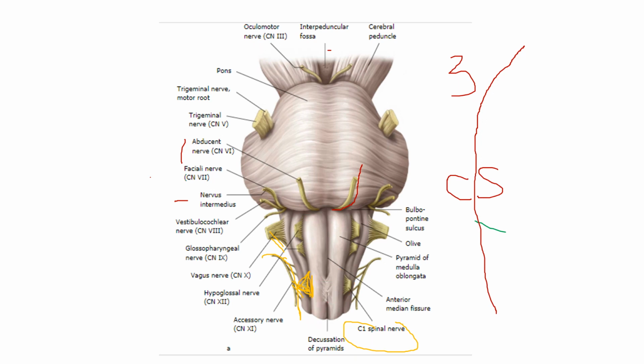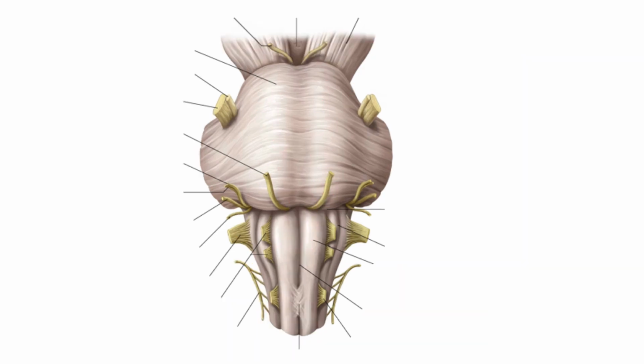Okay, so coming down from the cortex. And remember, a small amount does stay on the same side here. And you knew that was coming, right? So go ahead and pause that and practice with that.